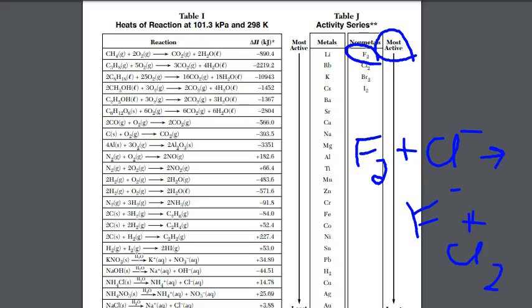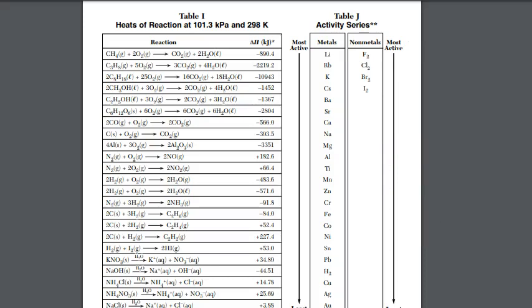The other way will not work. So if I have fluorine and I don't have the other elements below as ions, nothing will happen.